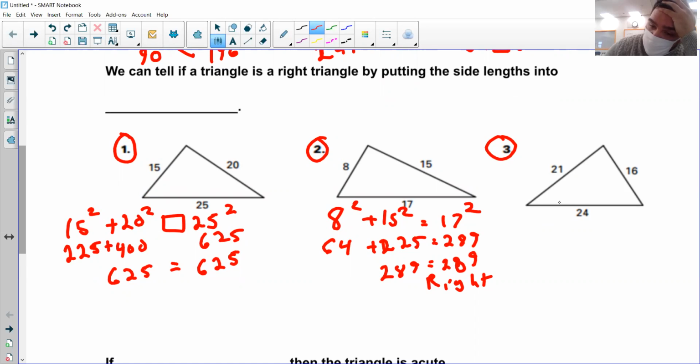And then I'll do this silently. Uh, 16 is not 256.